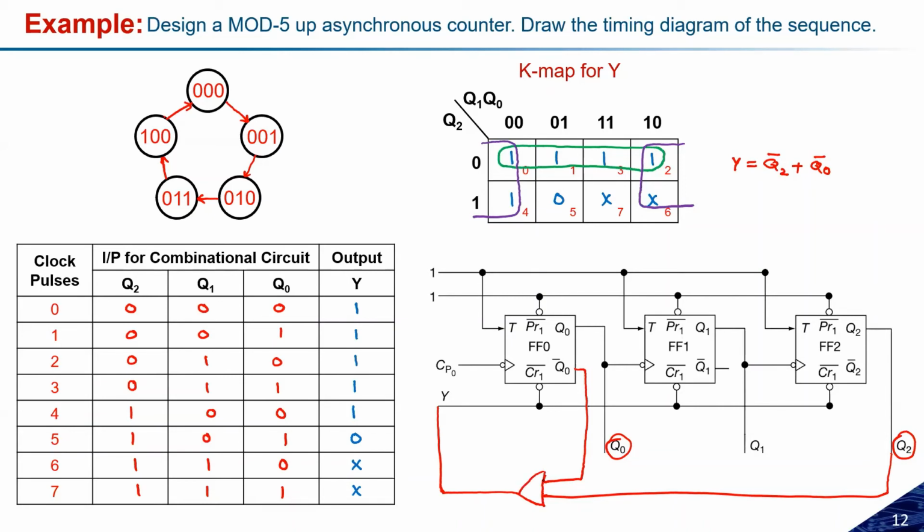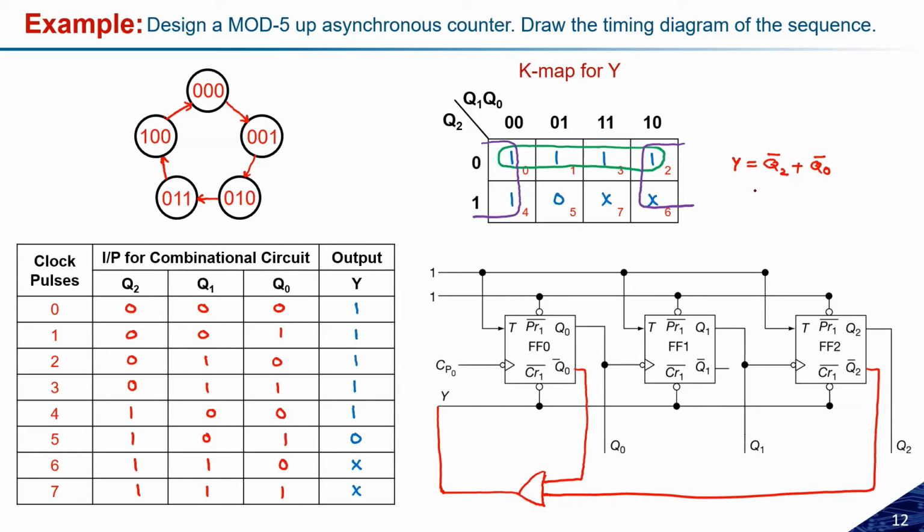The second possibility: of course we can use one OR gate, with Q0 bar and Q2 bar connected, and that connects to the output Y. This is how we can make the mode 5 counter.